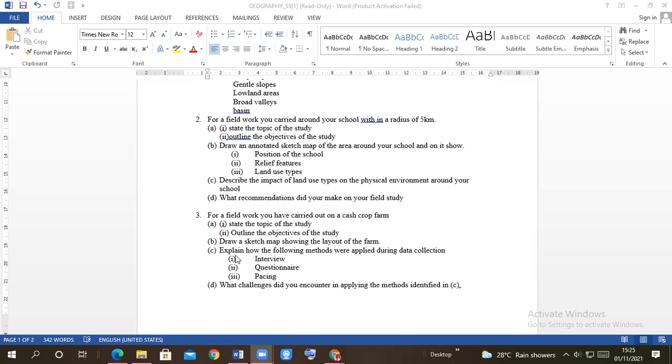Then we come to here. Explain how the following methods were applied during the data collection. Interview: define the method. This is the method which involves a dialogue between the researcher and the respondent through asking oral questions to get immediate feedback. That is the definition.